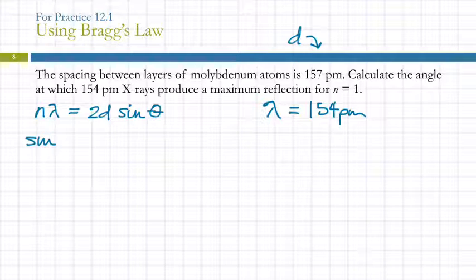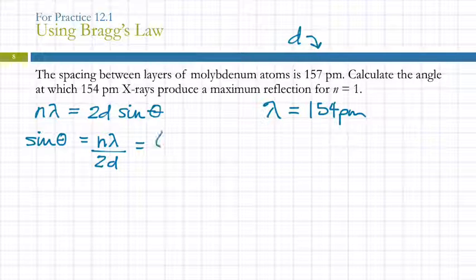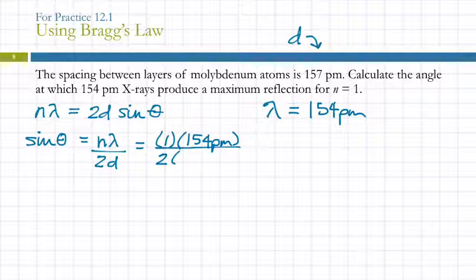We'll get sine of theta is equal to n lambda divided by 2d. So I took both sides, divided both sides by 2d. I isolated sine of theta. So I'm going to calculate what that number is. So n is 1. Lambda is 154 picometers. 2 is just 2. And the distance between the layers is 157 picometers.